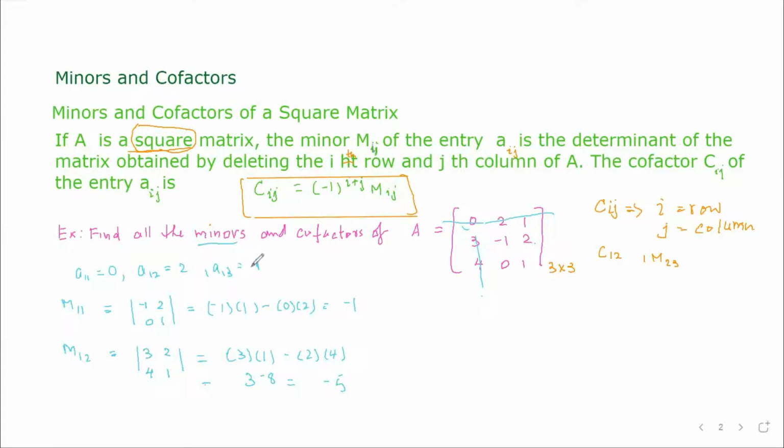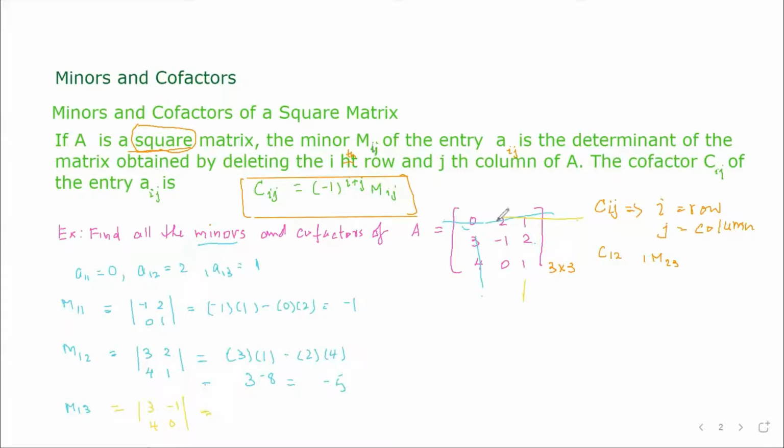Then you can go on to get M13, and do the same way. M13 means first row, third column. So you are left with 3, negative 1, 4, 0.